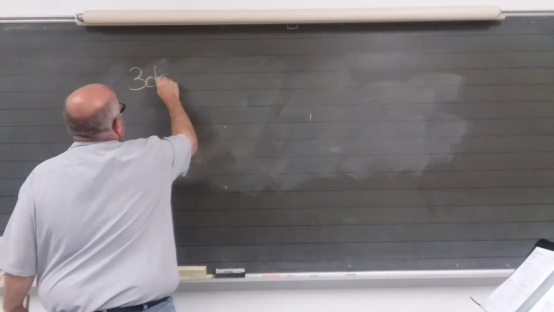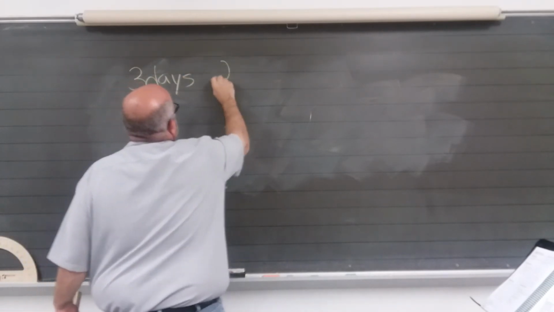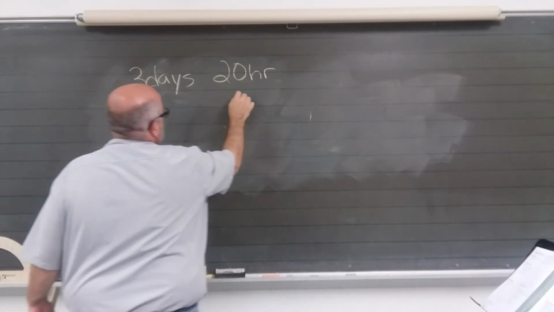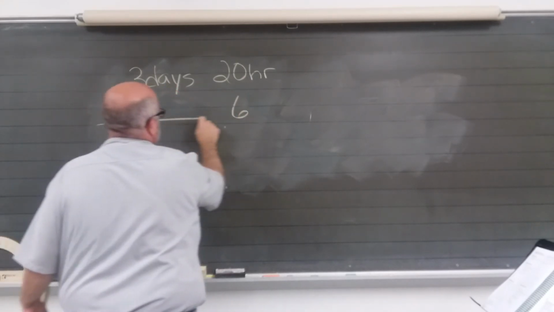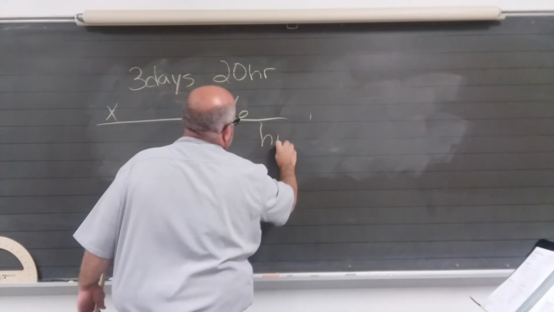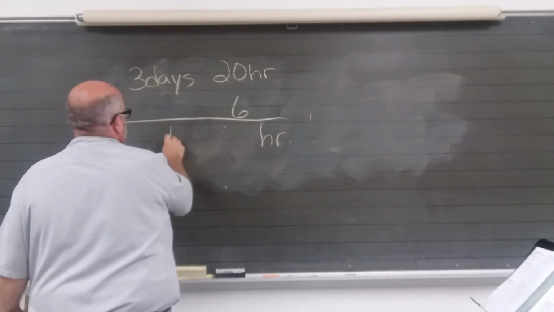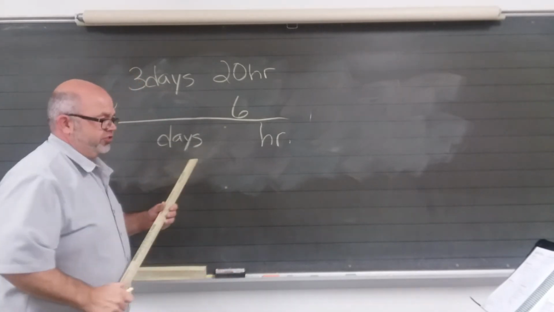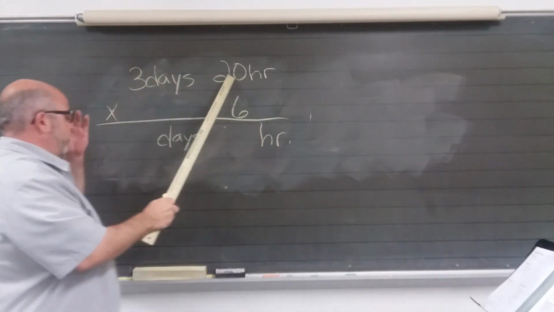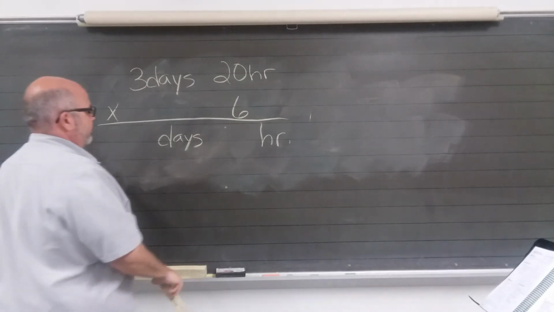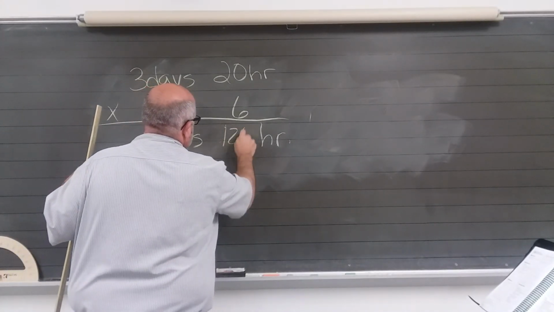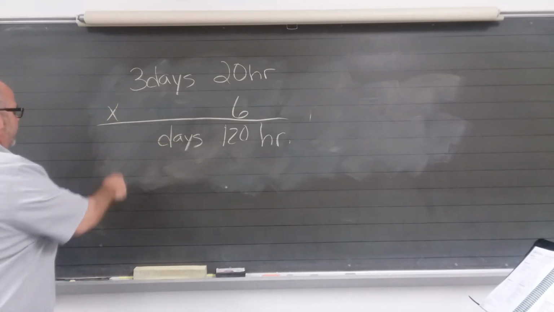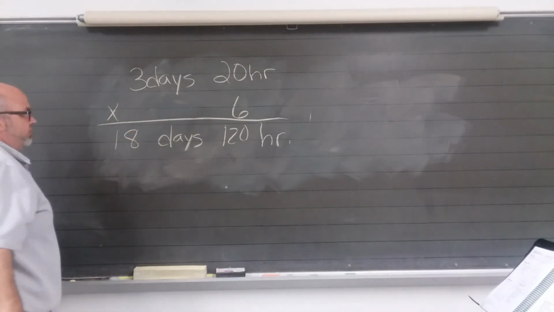You're going to have hours and you're going to have days. Multiply them each separately by 6. 20 times 6 is what? 120. 120 hours. 6 times 3, 18 days.